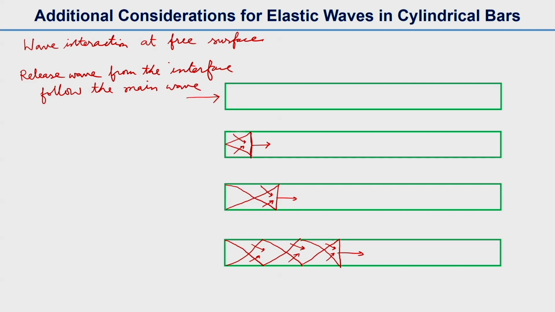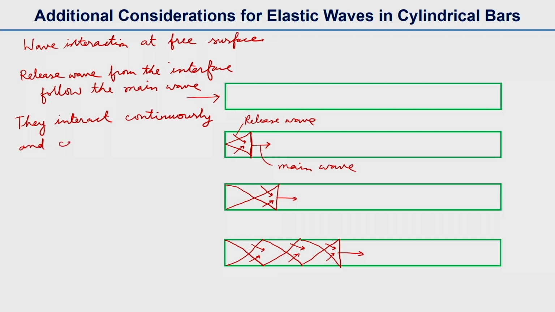This is the release wave and this one is the main wave, and they interact continuously and cause the fluctuation of particle velocity, which we denoted as UP earlier.